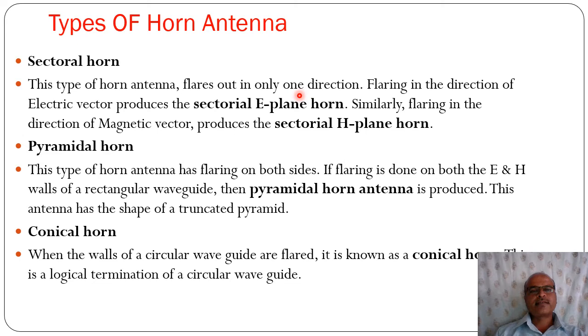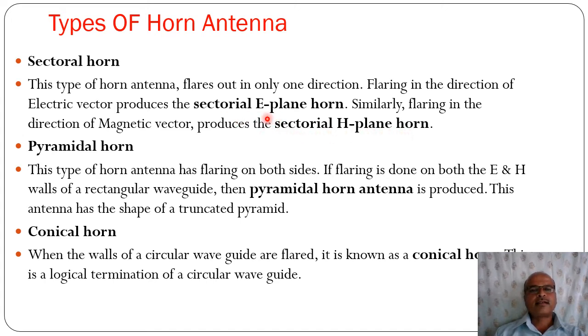Flaring means that the waveguide structure is folded, or as shown in the previous figure, a curved shape is there. Flaring in the direction of the electric vector produces the sectorial E-plane horn, and similarly flaring in the direction of the magnetic vector produces the sectorial H-plane horn.